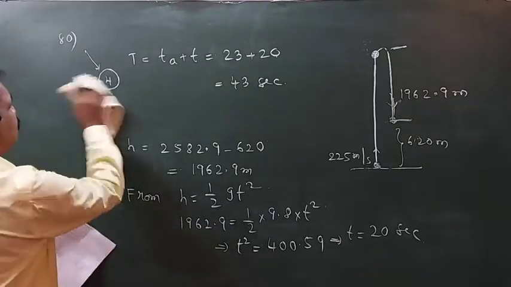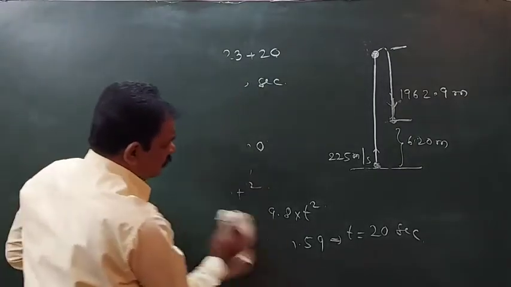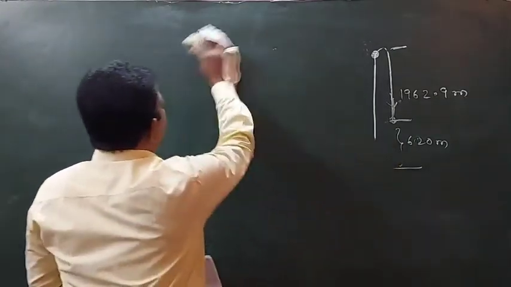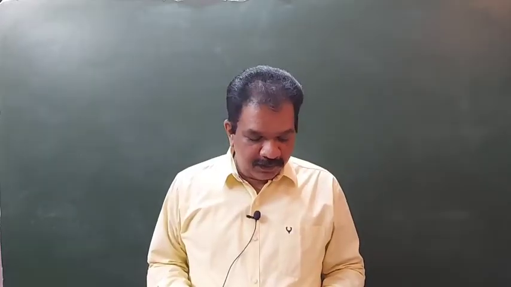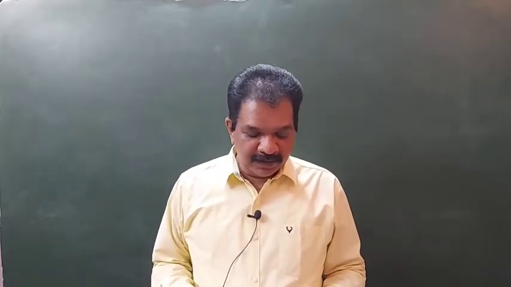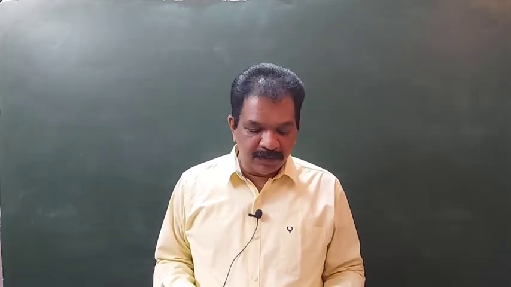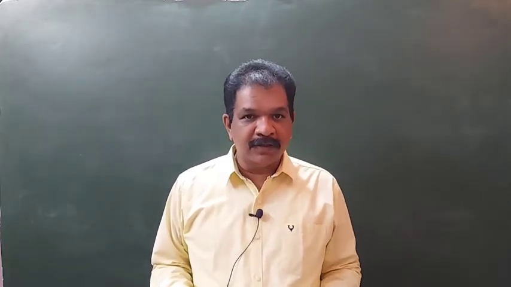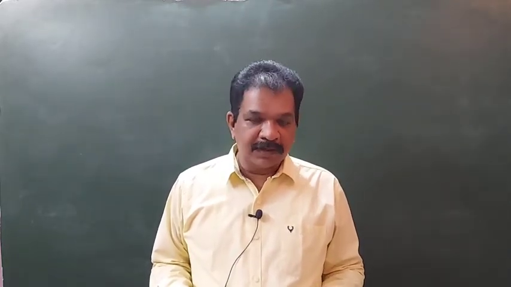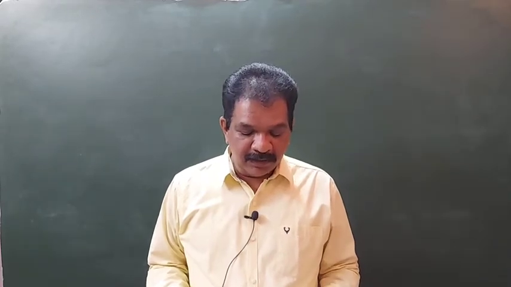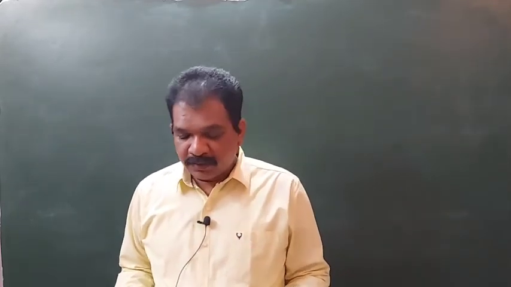Next, 82 is a graph question. Just leave that one. Next, 83. A girl standing on a stationary lift throws a ball upward with an initial velocity of 50 meters per second. The time taken by the ball to return to her hands is how much?